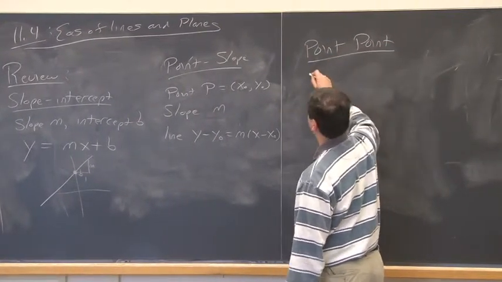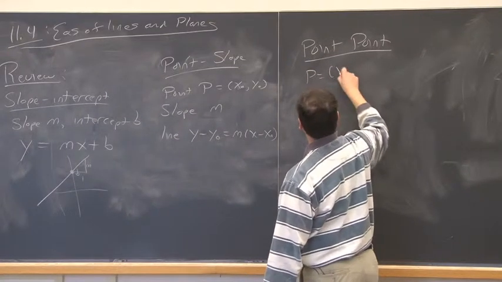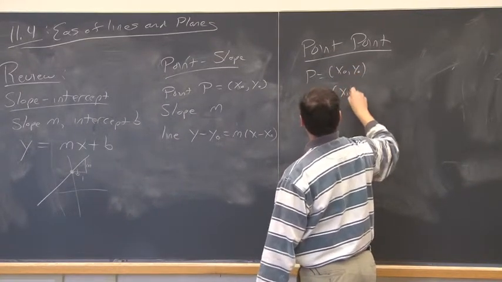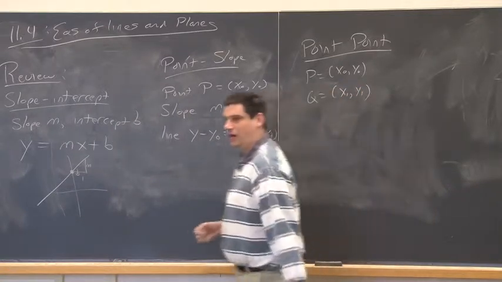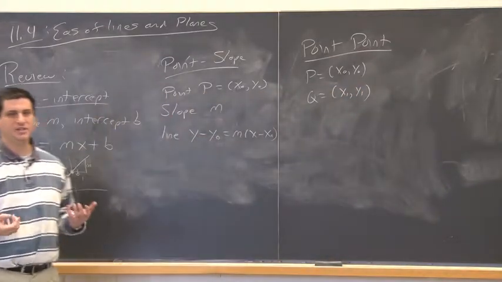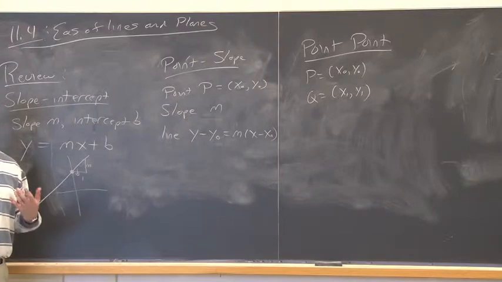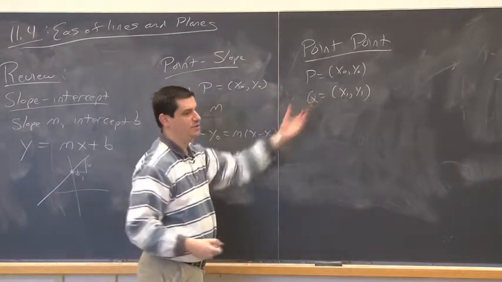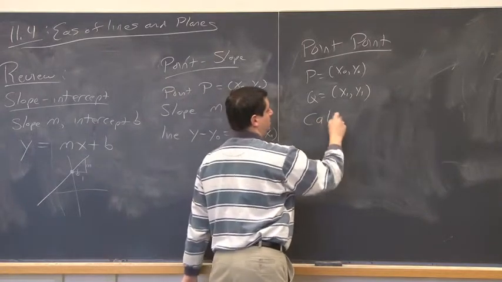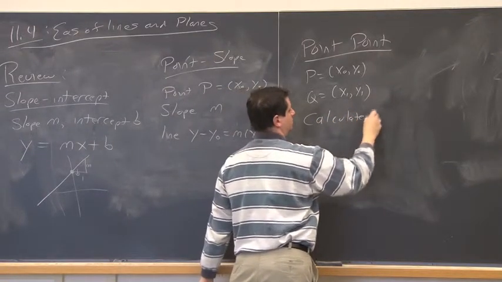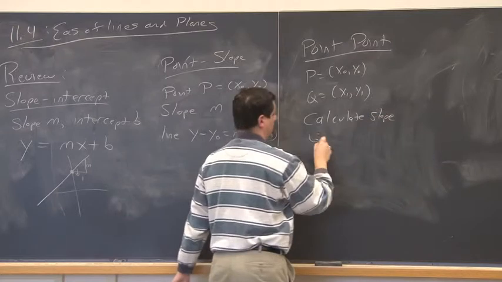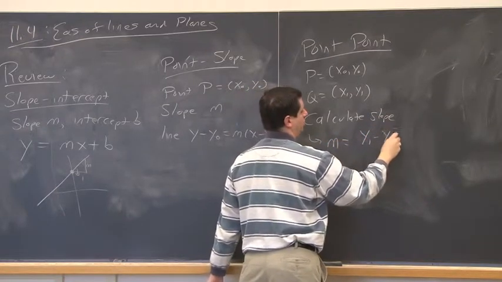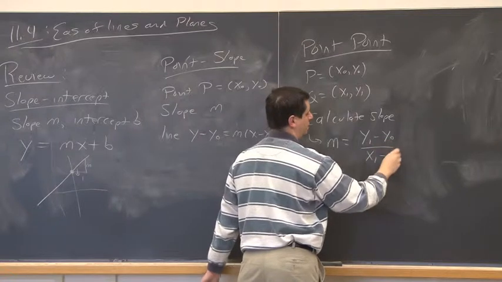So I could give you P is x naught, y naught, Q is x1, y1. And the way I find the equation of the line is I do a standard mathematical trick. I reduce to something I already know how to do. From this, I can calculate the slope. And you get m is y1 minus y0 over x1 minus x0.